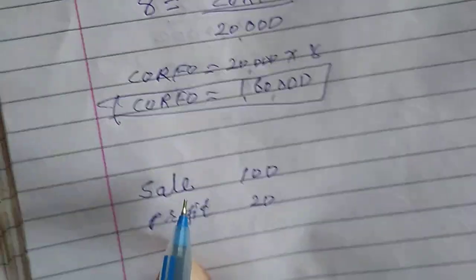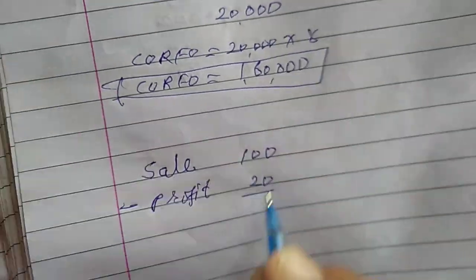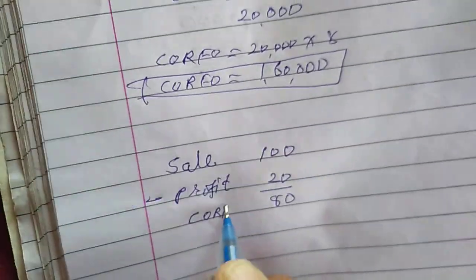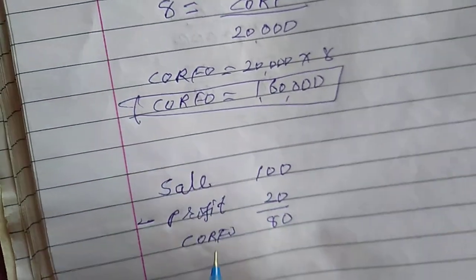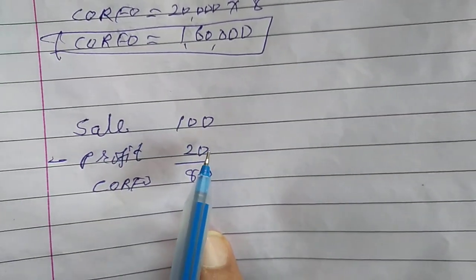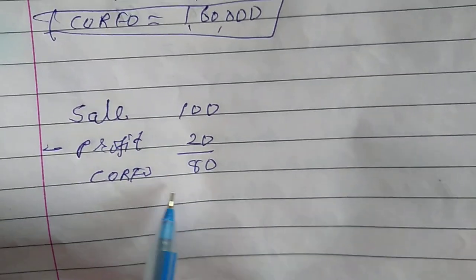Yes, definitely. Sales is 100, and if we deduct the profit, then the remaining amount is the cost of revenue from operation. If we deduct profit from sales, that will be the cost.